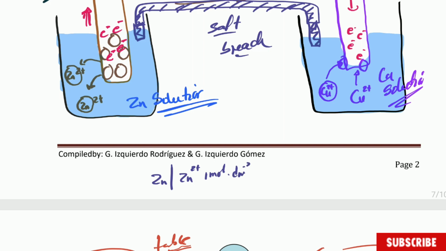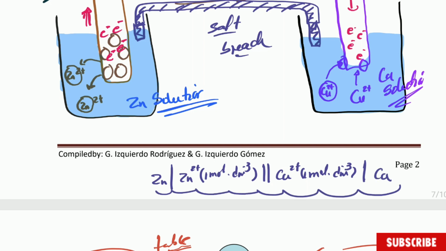We're going to speak about this one just now. Double line for the salt bridge, copper, Cu 2 plus, with 1 mole per cubic decimeter. There we go. Line, and then Cu. Here is the cell notation for this cell we have here on top.